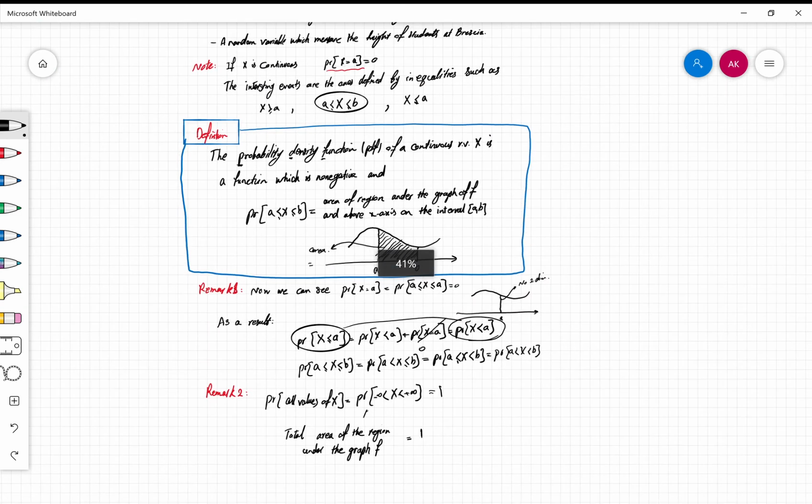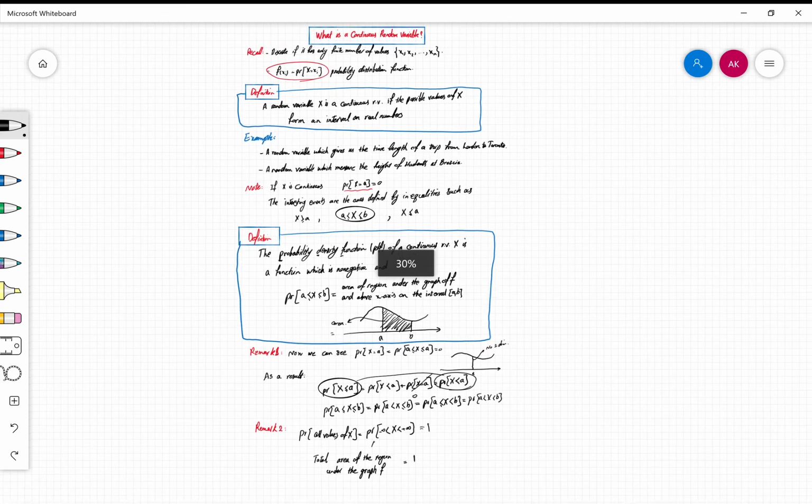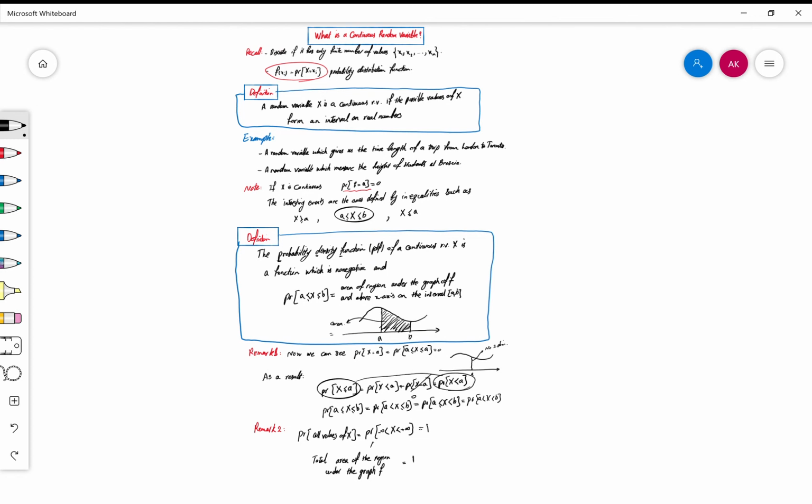Just a very quick review. When it comes to continuous random variables, we are dealing with random variables whose values form a range rather than just discrete points. The good events are defined by inequalities, and then the PDF, probability density function of a continuous random variable, is a function which is non-negative and gives us the probability by the area of regions under its graph.